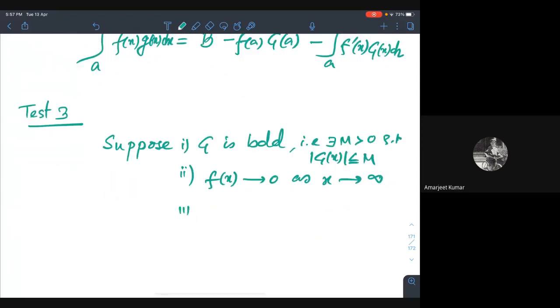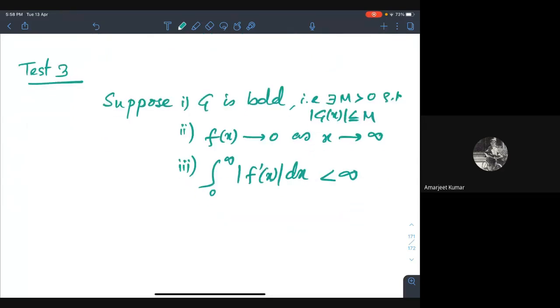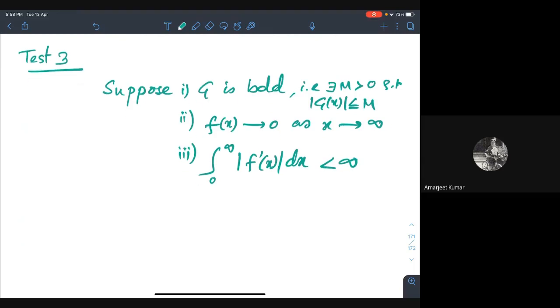Third, the integral from 0 to infinity of the modulus of f'(x) dx is less than infinity. That is, f' is integrable, the integral of f' is absolutely convergent.